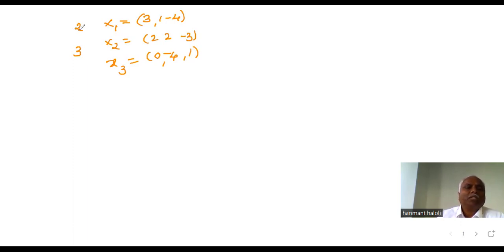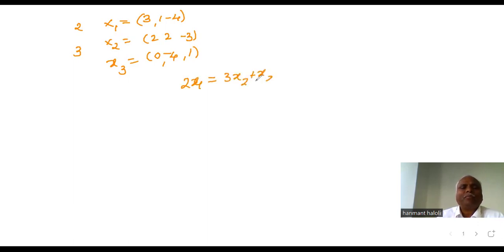This means 2 times this one, 3 times this one, and this one x3. You get an equation like this: 2 times x1 must be added to 3 times x2 plus x3.